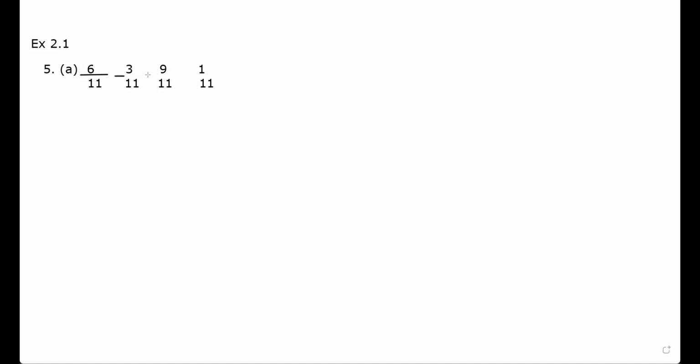I'm writing down the fractions. This is 6 upon 11. This is 3 upon 11. Next is 9 upon 11. And the last fraction is 1 upon 11.